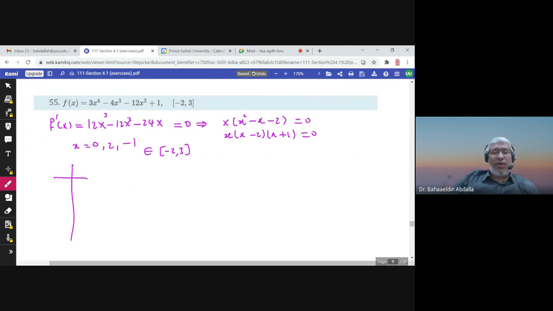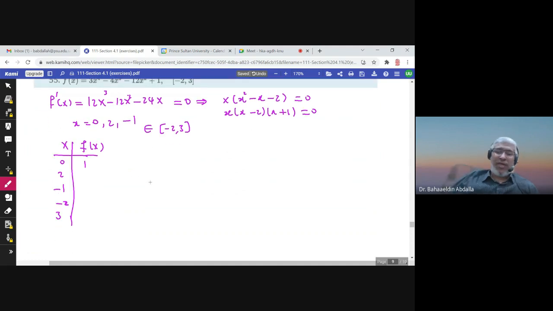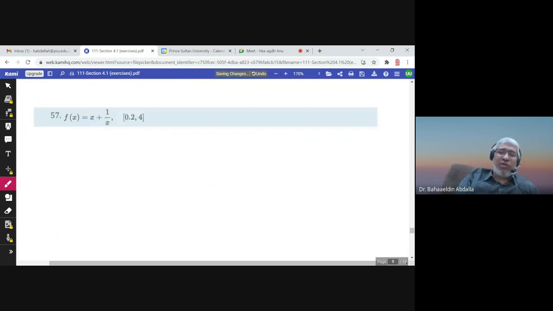So make a table, put all the critical numbers and the endpoints of the interval. Find f of x for each of them. For example, f of 0 is 1. And the largest value of f of x would be the absolute maximum, and the smallest would be the absolute minimum. Please continue the question.